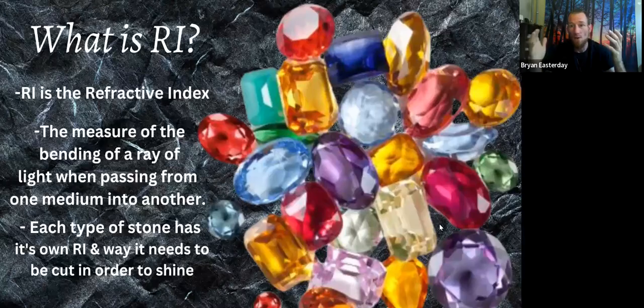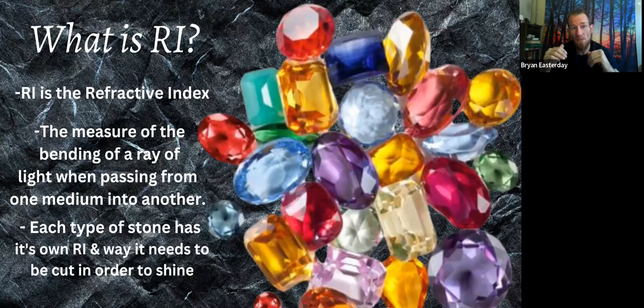So what is refractive index? It is the measure of the bending of a ray of light when passing from one medium into another. As this pertains to gemstones, the reason it's important as a lapidary or gem cutter is that each type of stone, whether it's a beryl, which includes things like emeralds and aquamarines, or a corundum like ruby or sapphire, has its own refractive index.